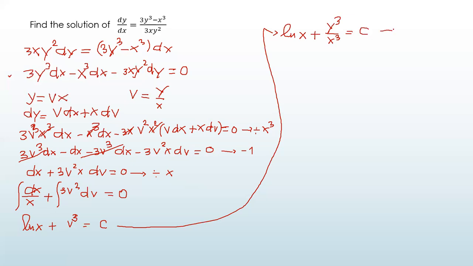And if you multiply by x cubed, it becomes x cubed ln x plus y cubed equals x cubed times c.